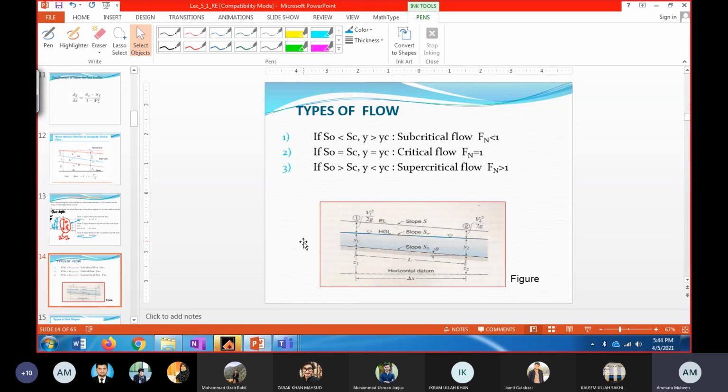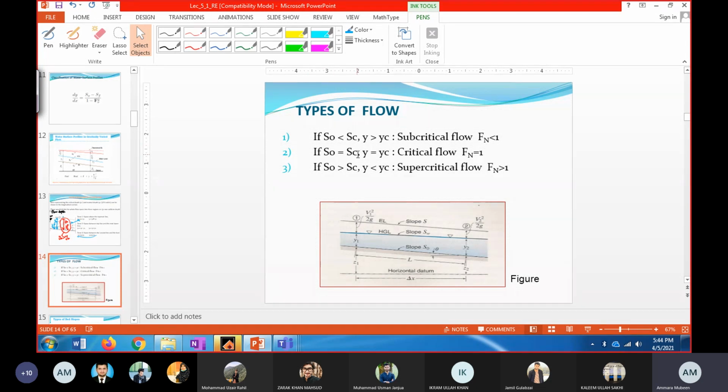So when S naught is less than SC, then y is greater than yc. That kind of flow is called subcritical flow, and in that case Froude number is less than 1.